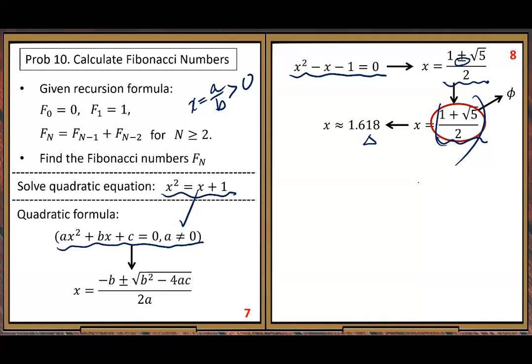We have similar experience before. Remember, we use another Greek alphabet pi to represent some well-known constant. Pi here, phi, not as famous as that pi, but still some important constant. All right.